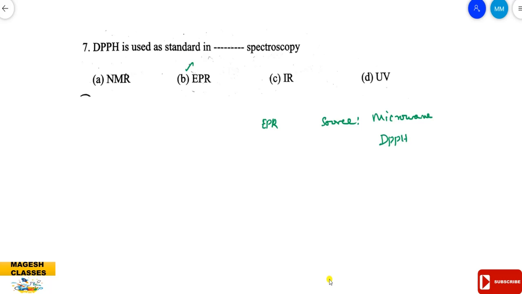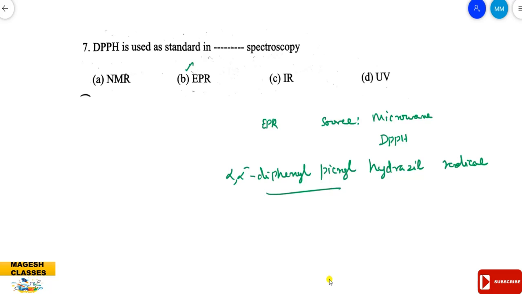DPPH is alpha,alpha-diphenyl-beta-picryl hydrazyl radical. So it is used as a standard in EPR spectroscopy, but the source of the spectroscopy is microwave. Okay, our answer is EPR.